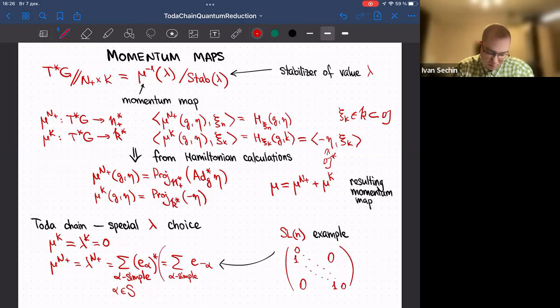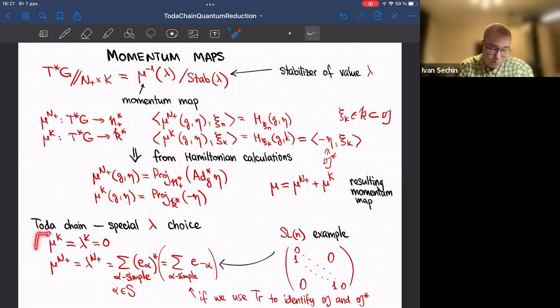And this, if we use the trace to identify G and G star. Well, and this is lambda. And we defined this. And the next part, we have to calculate the stabilizer of this value.